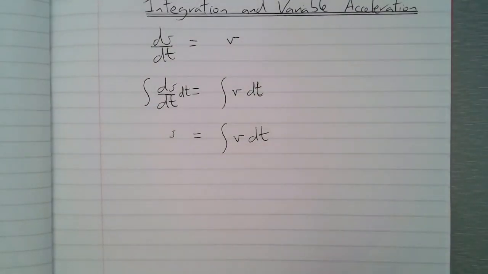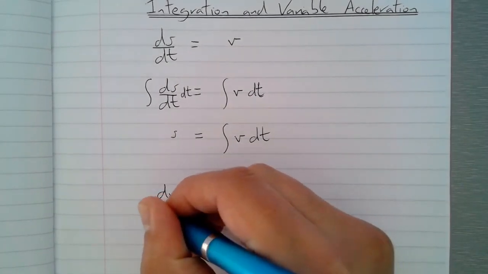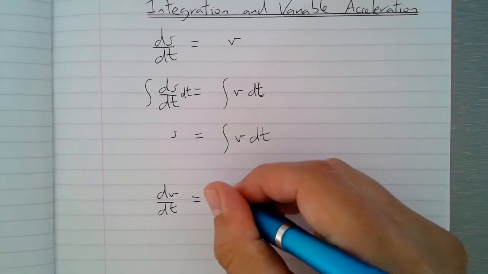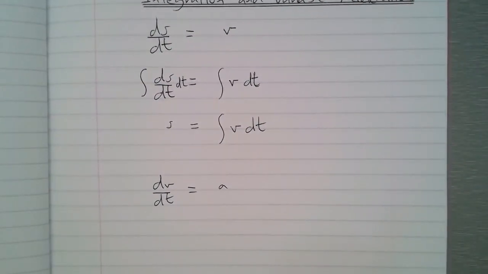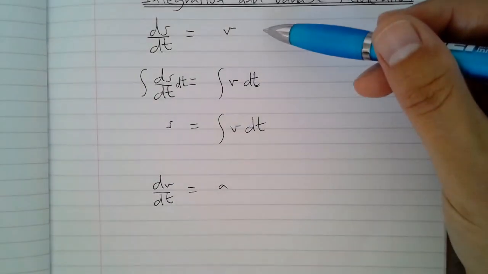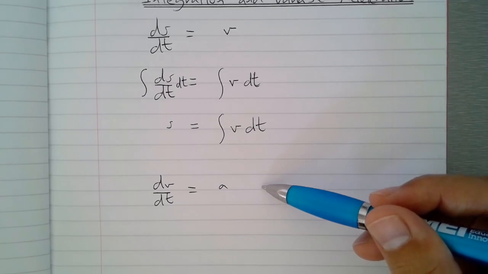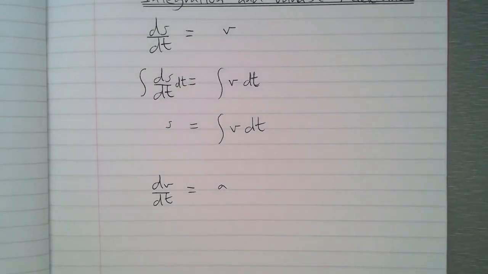Similarly, if I have dv over dt, so I've differentiated velocity, I get acceleration. Can you pause the video and, after I finish saying this, do the same thing for acceleration to get a formula in terms of integrals? Okay, so just pause the video and quickly do that.